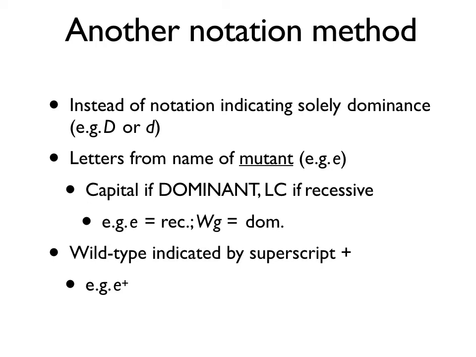Just recognize that you can't always assume, unless you're told, that a particular allele, just because it is capitalized, is dominant. In some cases, as you'll see in a moment, the different alleles are all capitalized.